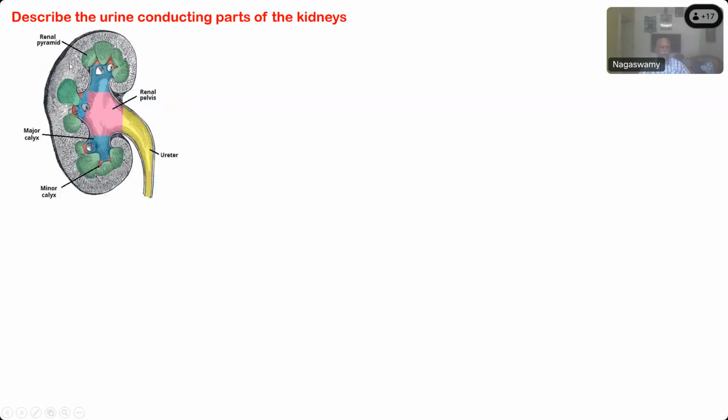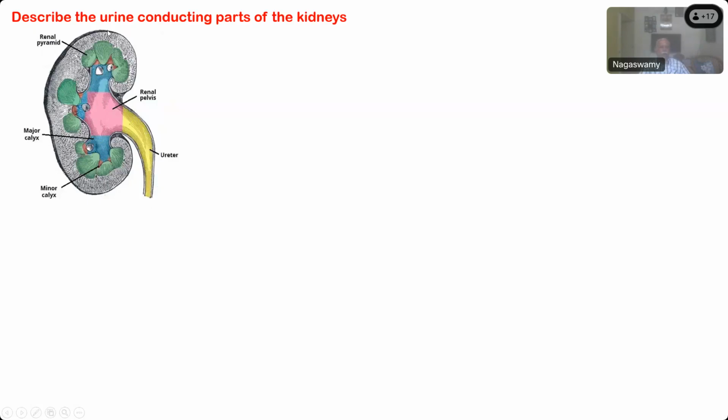Okay, so this is the normal histological description of the pathway. So the cortical nephrons do the filtration, then the nephrons conduct the urine to the distal portion, which is mainly situated in the medulla, and then the urine is filtered and passed through the papilla into the calyx, and through the calyx into the pelvis, and through the pelvis into the ureter.